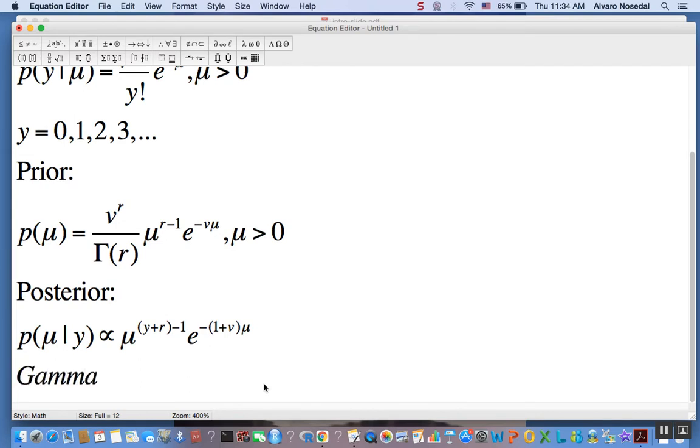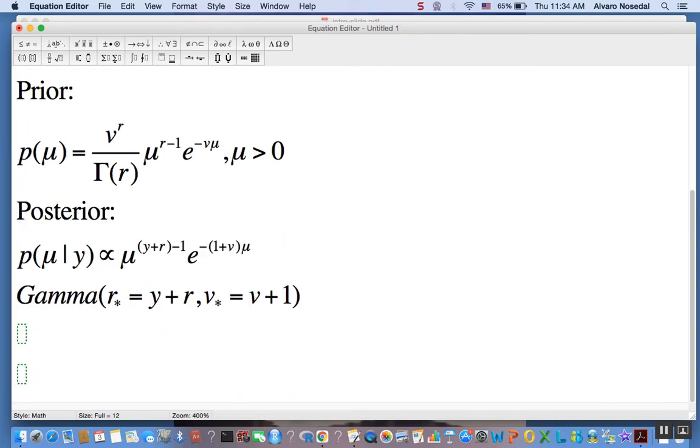So this happens to be a gamma. R star, the new parameter for the posterior, is going to be y plus r. V star is going to be the old v plus 1. Okay, so all good thus far, right? But in this video we're going to be paying particular attention to the prior.